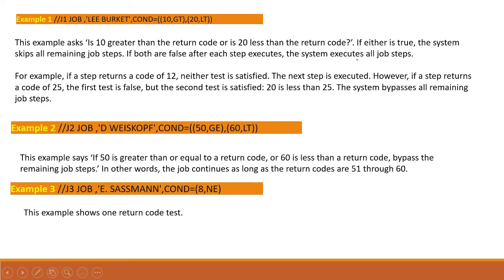There are some examples. In the first example, I am using JOB1 and there is a COND parameter in the job card. I am first showing you the job card condition.